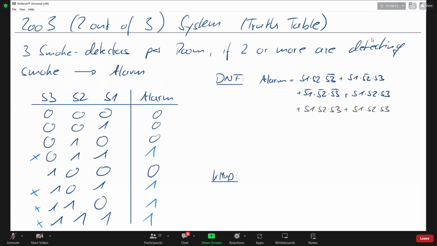So, and now I have one element for each to simplify. So I can simplify the two green ones.